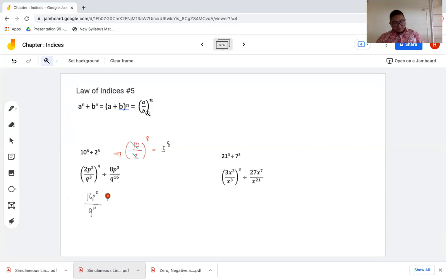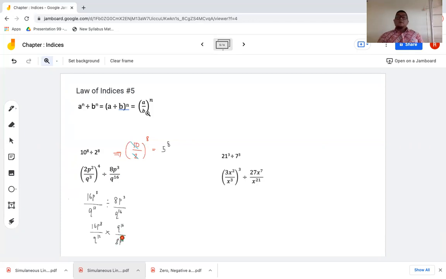And it's going to be divided by 8 raised to p raised to the third power over q raised to the 16th power, which if you recalculate, this is going to be flipped and will give us this times q raised to 16 over 8 raised to p cubed.